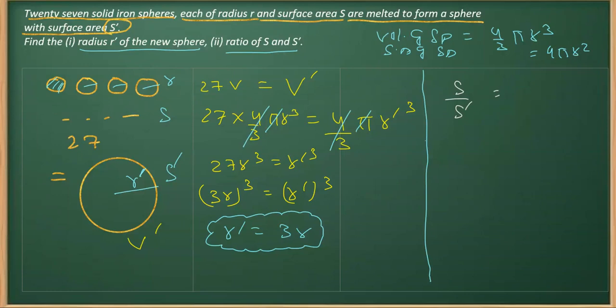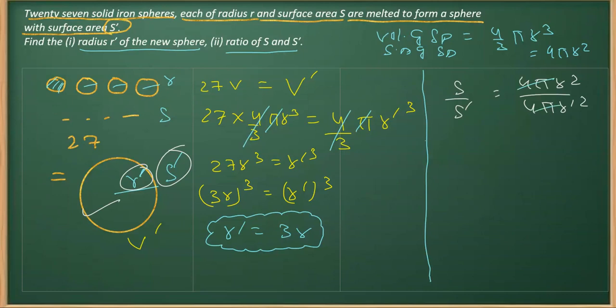Replacing this s with its formula, that is 4 pi, r is r here. But in the next case, the surface area of this large sphere is denoted with s dash and radius with r dash, so I can write 4 pi r dash square.